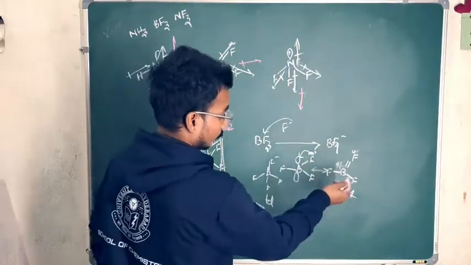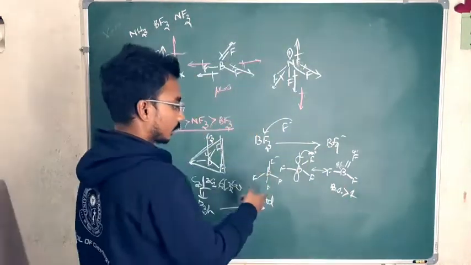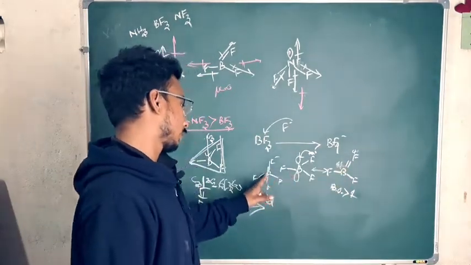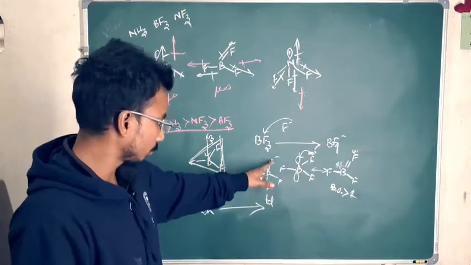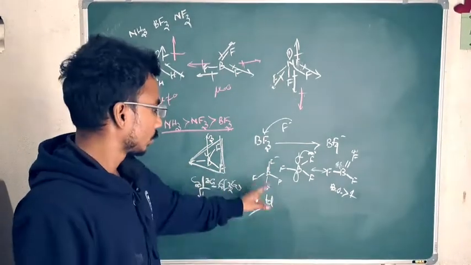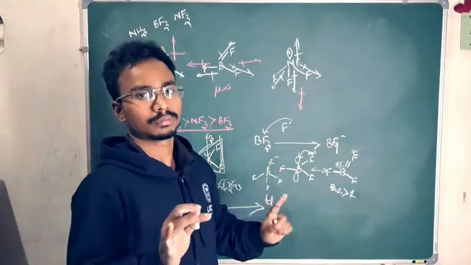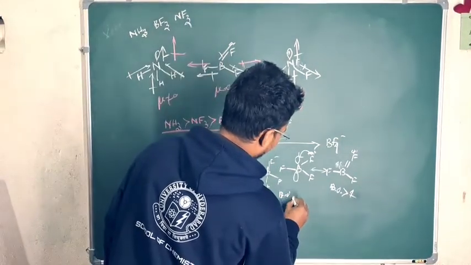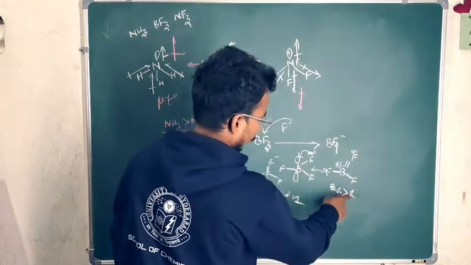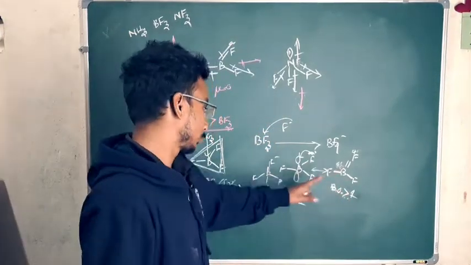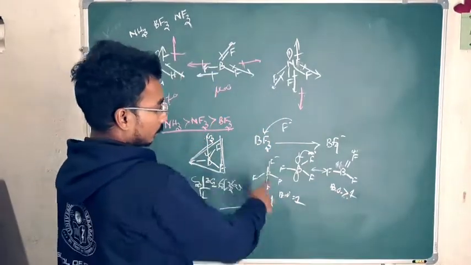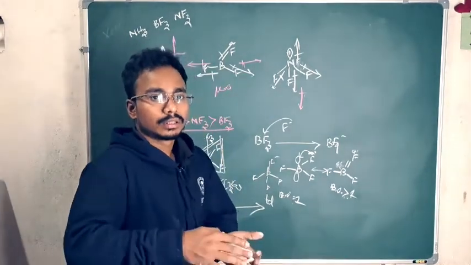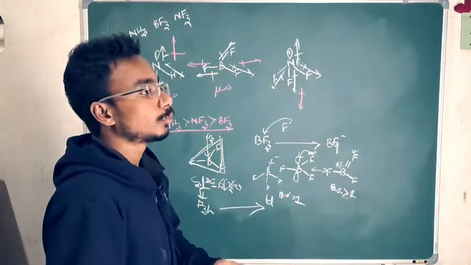But BF4 minus is tetrahedral, it can't form back bond because it is 2p interaction. It can easily donate, but here no vacant orbital is present, so F can't donate, so it is purely a single bond, meaning bond order is purely 1. As bond order decreases from greater than 1 in BF3 to 1 in BF4 minus, bond length is increasing, so bond elongation will occur.